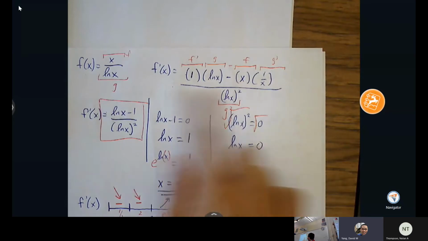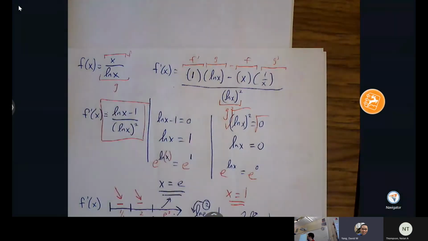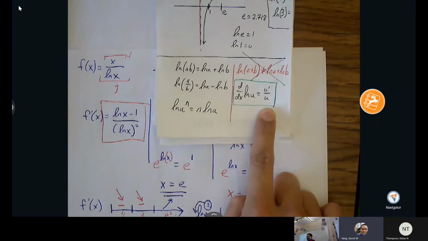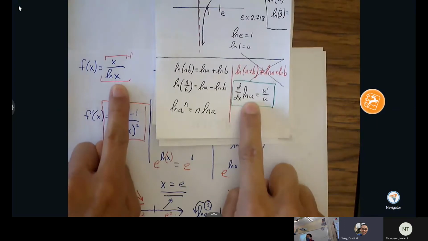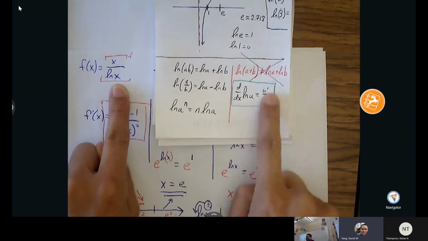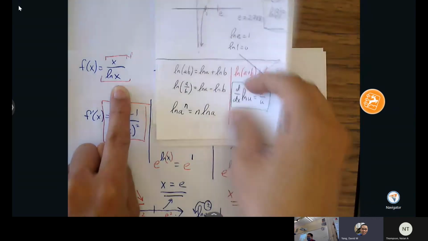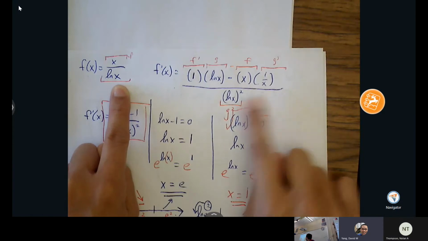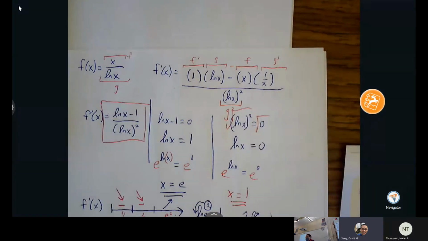Natural log of x, the rule that we're using is u prime over u. So my u value is x. So x's derivative is 1. So 1 over u, so 1 over x. Okay, then I'm right. Good. I had a feeling it was derivative related, but I just wanted to make sure.